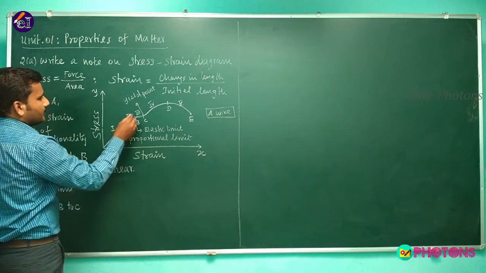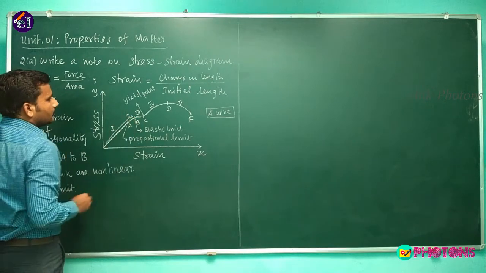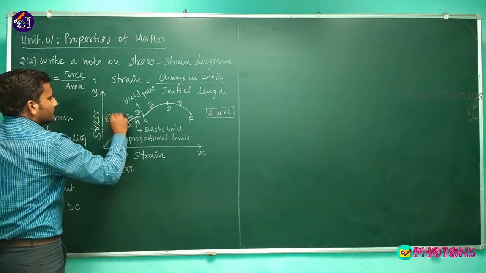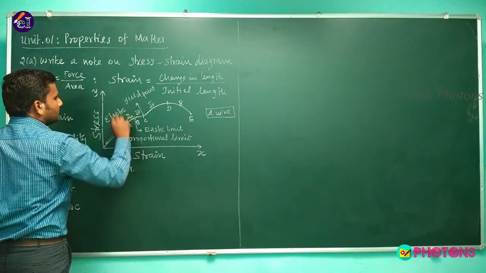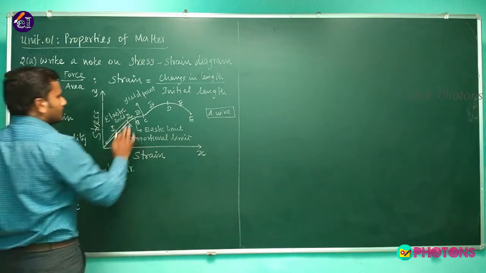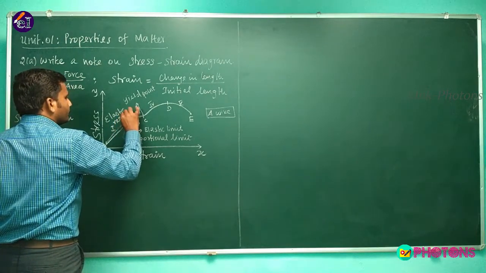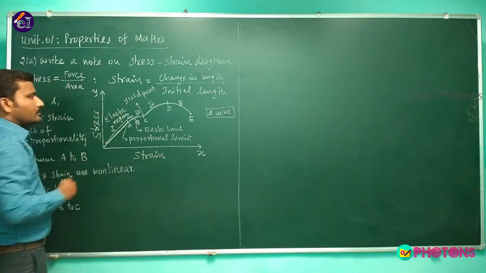One can say that till point B, it is the elastic region. If you remove the force, it will go back to its original shape.